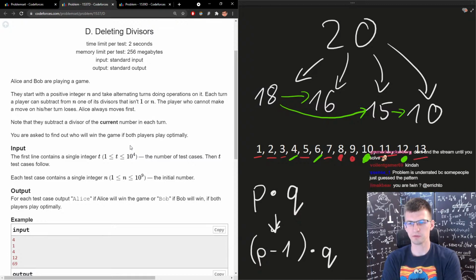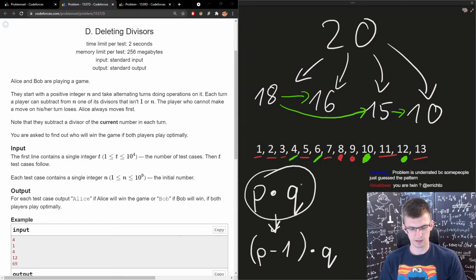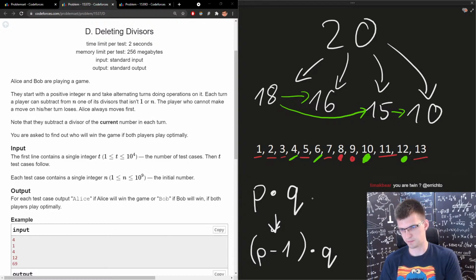Maybe I should think about going up. If something is a losing state, let's say p times q is a losing state, then it means every bigger number... in particular it implies that if this is a losing state, then p plus 1 times q is winning.